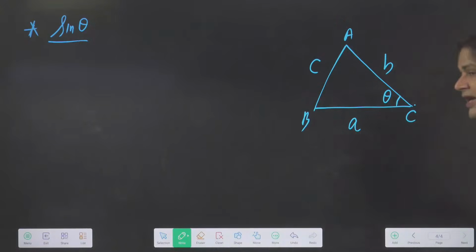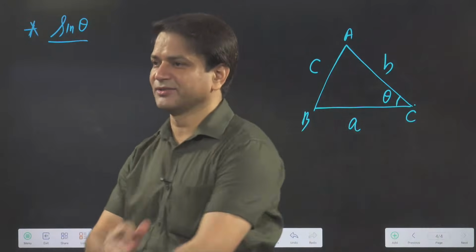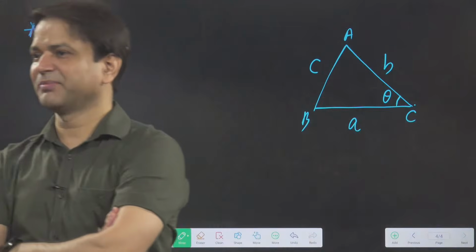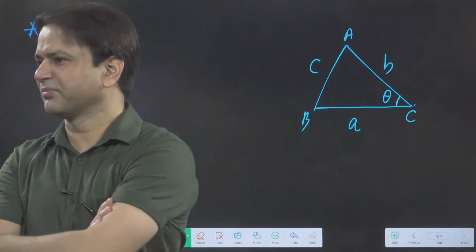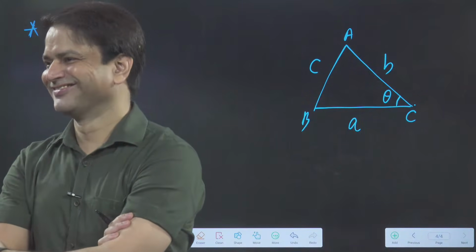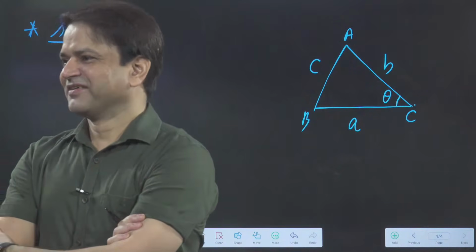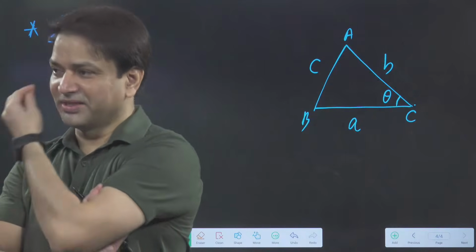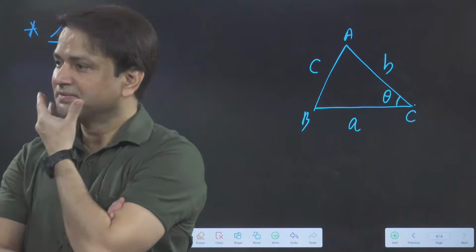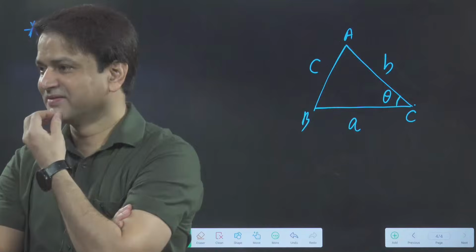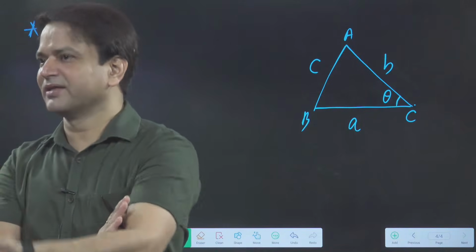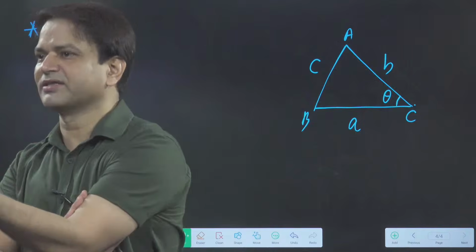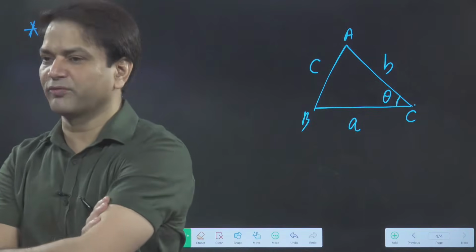Okay, somebody is saying AB by AC. Okay, C by B, where C is AB and B is AC. So most of the answers are AB by AC in terms of the points, otherwise in terms of the lengths, C by B, most of you are saying.